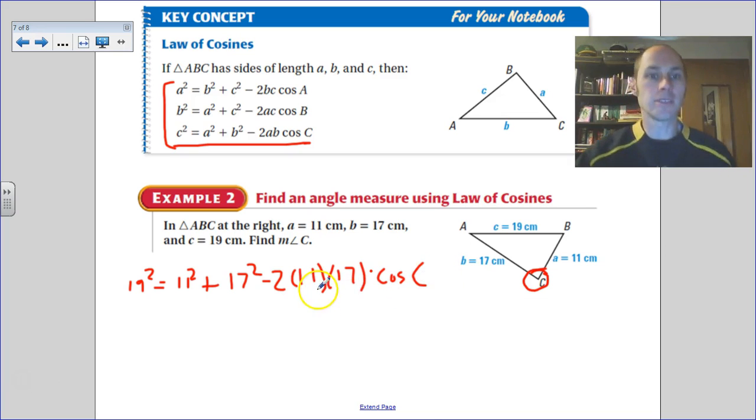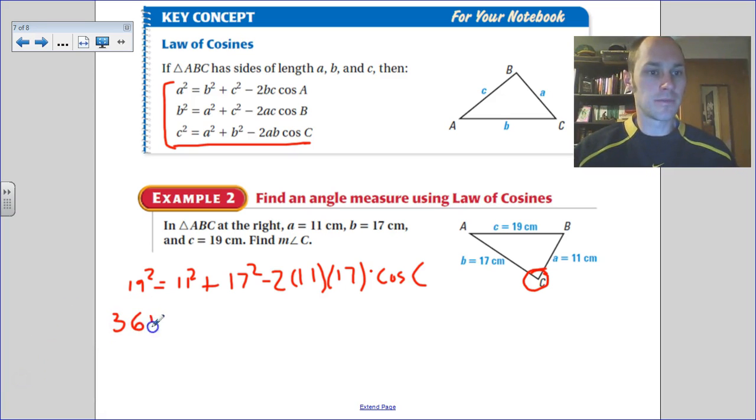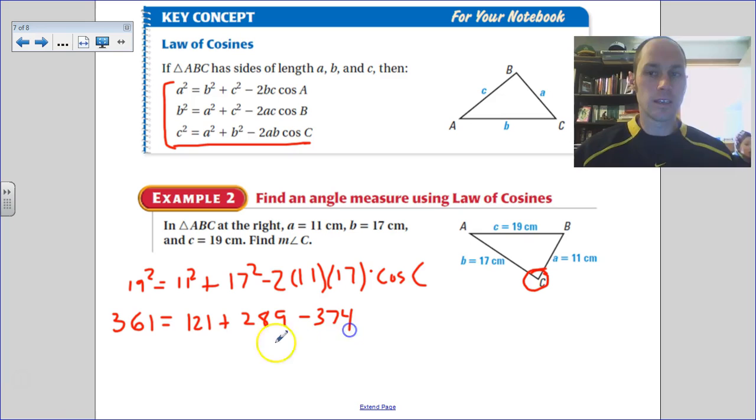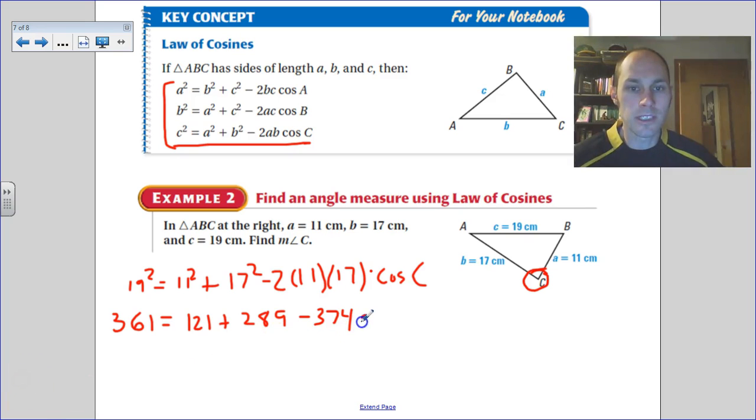So we're going to simplify this down as much as we can. So 19 squared is 361. 11 squared is 121. 17 squared is 289. And minus 2 times 11 times 17 gives me negative 374 times the cosine of C. So we want to solve for C, so we need to get that all alone.